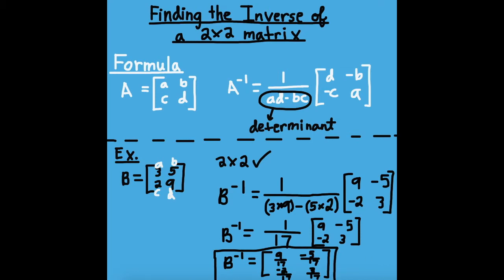Let's try another example. What is the inverse of matrix H when matrix H equals negative 4, 1/2, negative 6, 2? So first, let's check that this is a 2 by 2 matrix, as we cannot use the formula we learned on any other matrix size other than a 2 by 2 matrix.